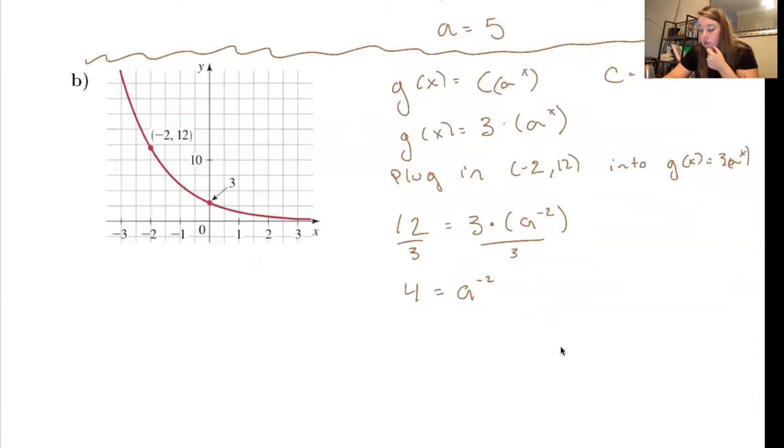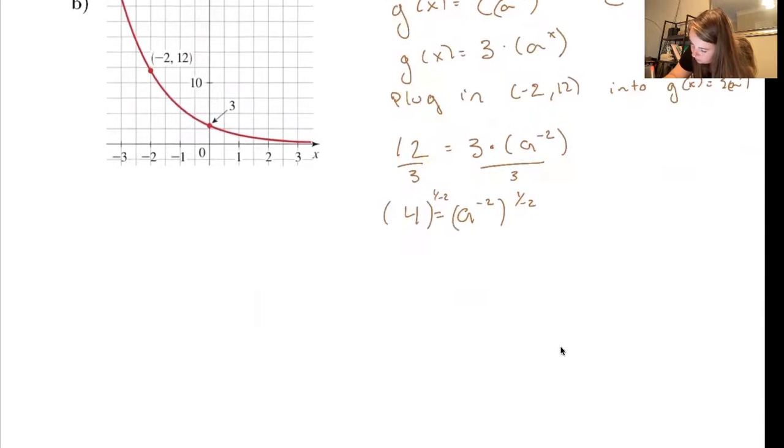So I need to raise each side to 1 over a's current exponent, because when they multiply, it'll give me 1. So this is going to be 1 over -2, 1 over -2. So a is going to equal, just switching the sides, 4 to the -1/2, and I can keep solving for that.